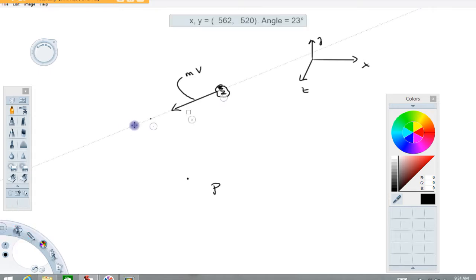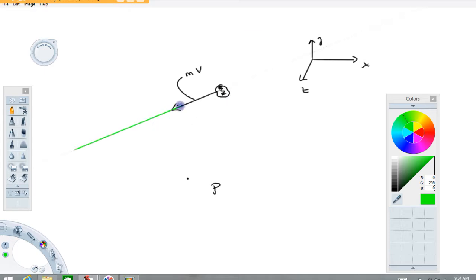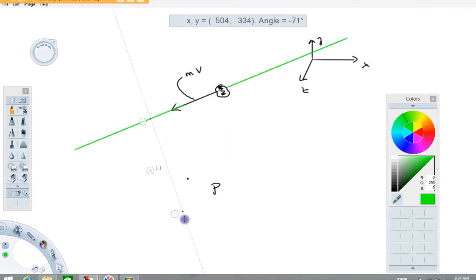you'll notice that the line of action for this momentum vector, I'm going to draw this in green, goes up to about that point there. And you notice that there is a perpendicular distance from the line of action to P. I'm just eyeballing this here, so if it's not a perfect right angle, that distance is right here in the picture.